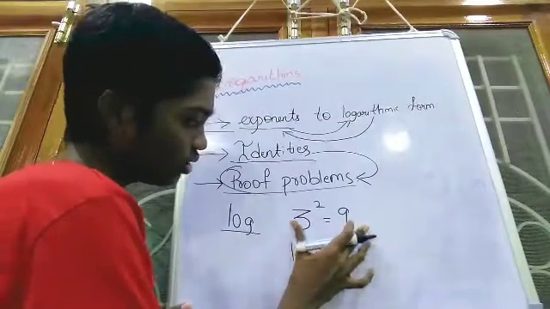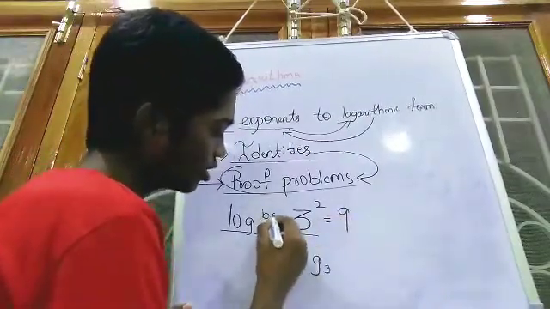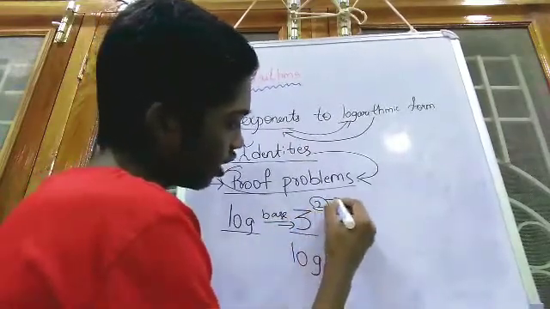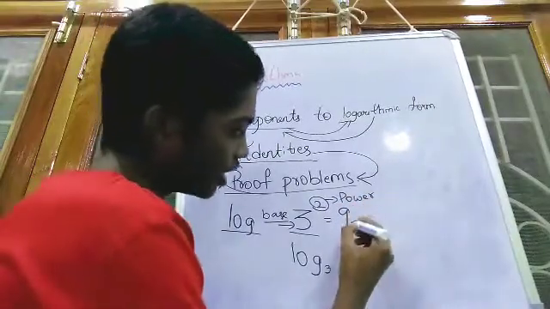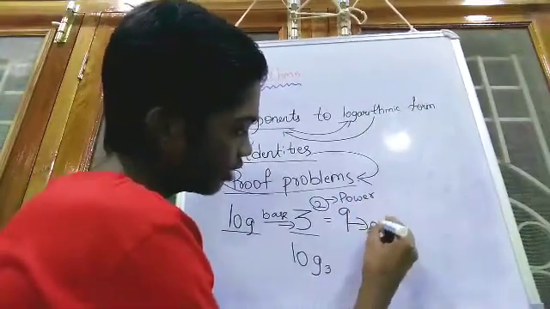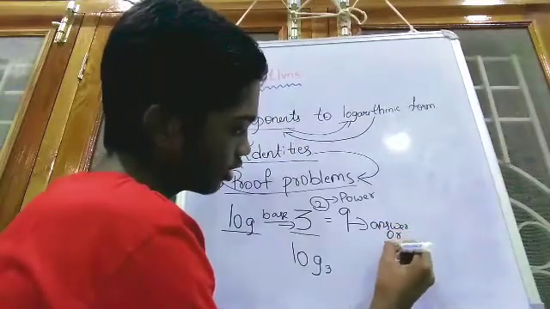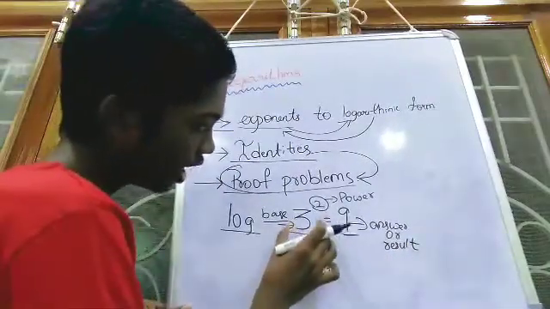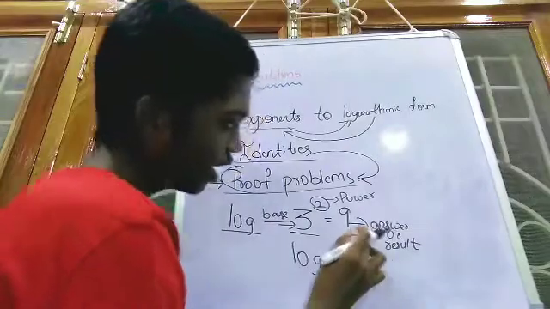Here in 3 square is equal to 9, 3 is called the base, 2 is called the power, and here we are getting the answer or result as 9. Here we are applying the power 2 to the base 3, then we are getting the result as 9.